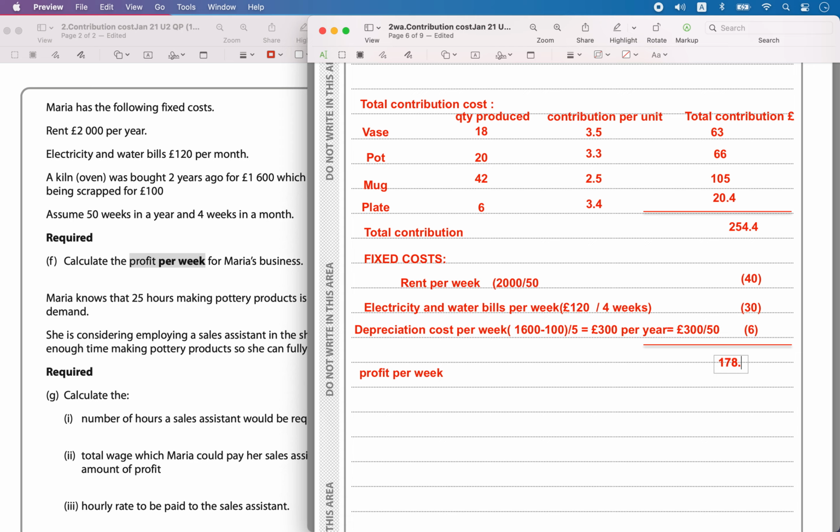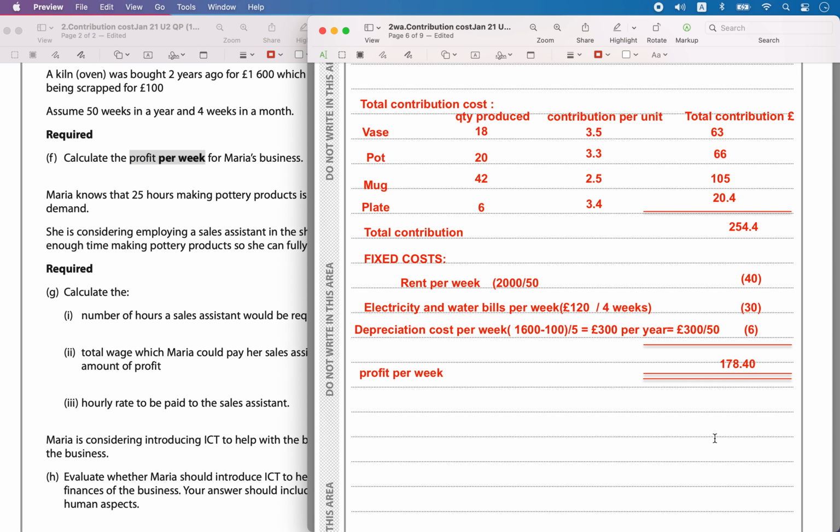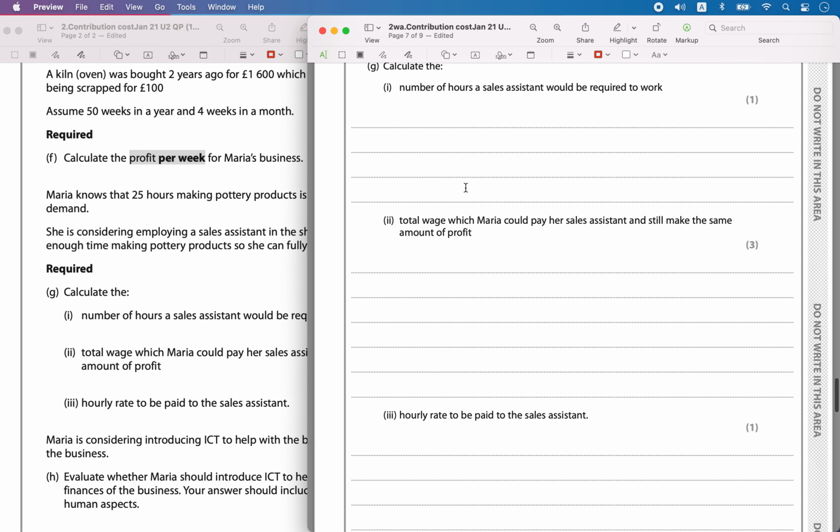So this is the profit per week for Maria's business based on the limiting factor of production. Okay, and you are also maximizing the profit.